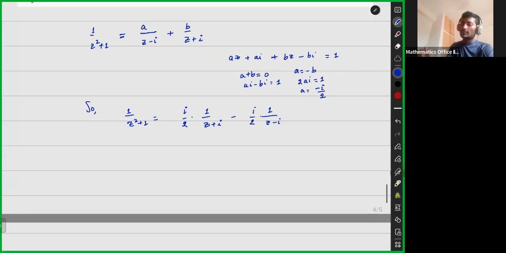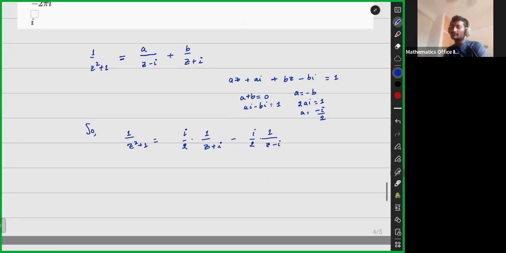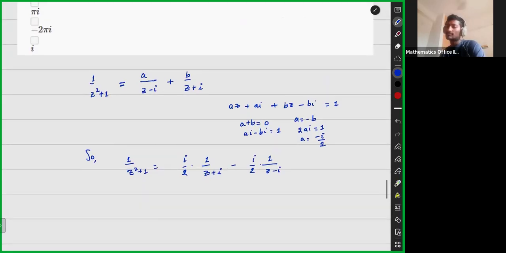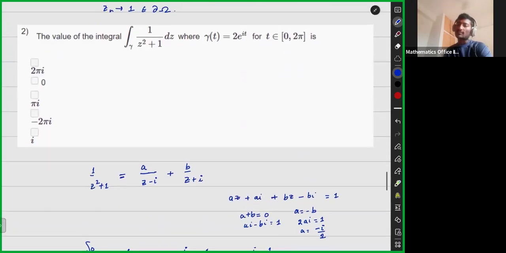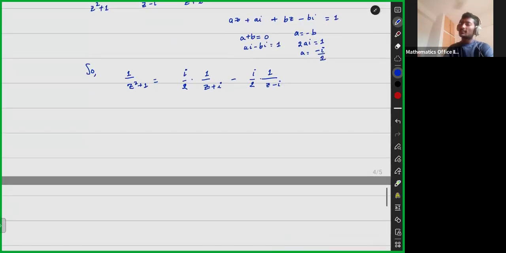Right. So now calculating the integral I, how do we do this? What is gamma? Gamma is the circle of radius 2 centered at the origin.